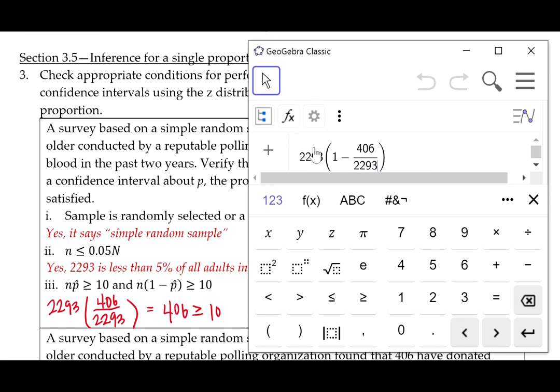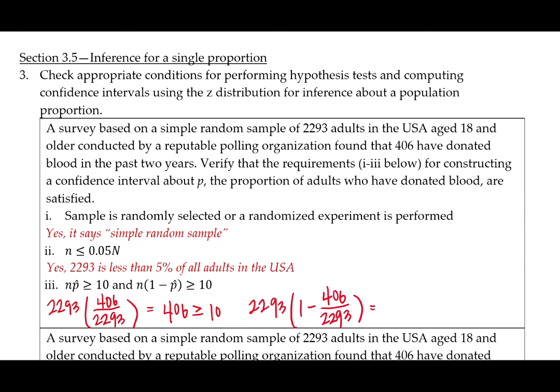So there's my n times 1 minus p hat. I'm going to hit equal, and I get 1,887, which is also greater than or equal to 10. So therefore, I have met all three conditions for computing a confidence interval for the proportion.